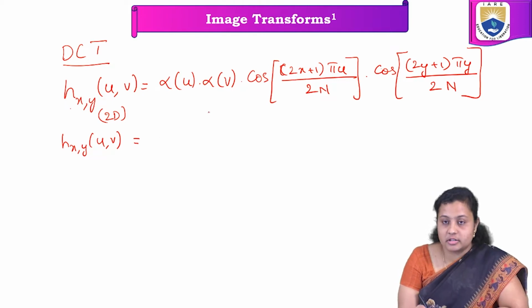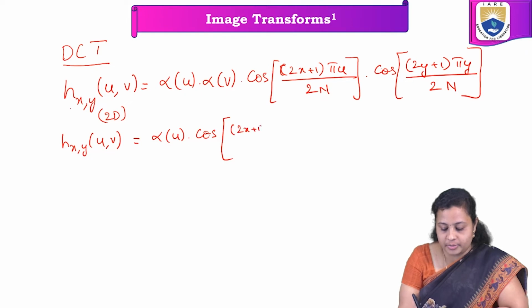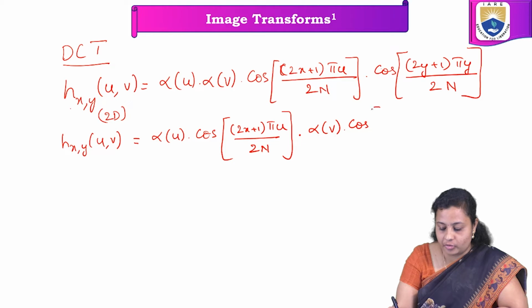So, I can write the same equation as alpha of u into cos of 2x plus 1 pi u by 2n into alpha of v into cos of 2y plus 1 pi v by 2n.